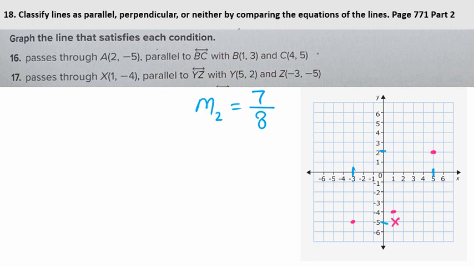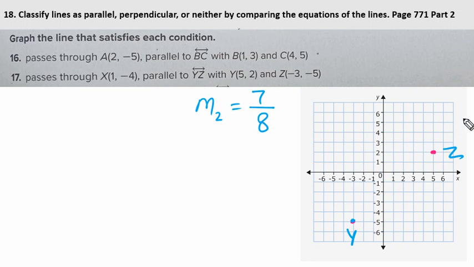Or if you are still confused, you can go directly from this point, point Y to point Z: 7 steps up, 8 steps right. Whichever way you are comfortable, you can do that. So the slope is 7 over 8.